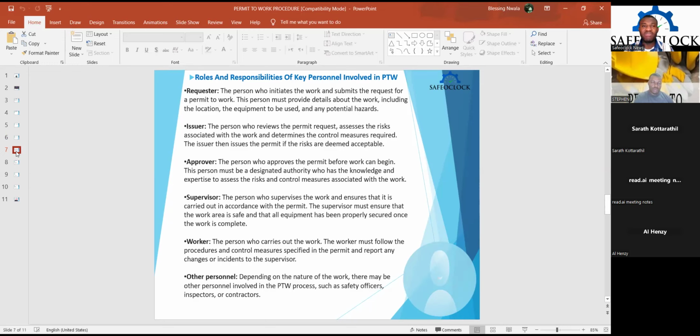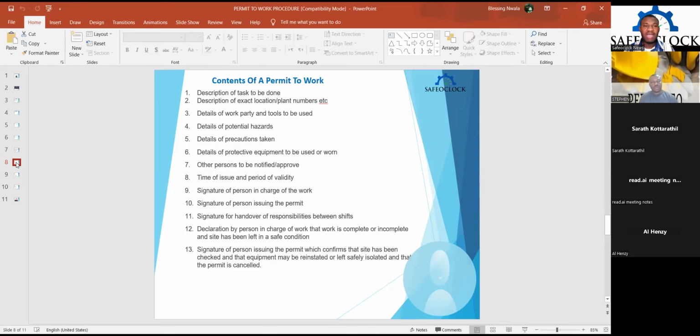If there are activities going on side by side where a permit to work is being issued, those people need to be adequately informed and carried along. Those are the other people that should be considered, not just the worker, the supervisor and the issuer, because some risks will extend to them, and they should be aware of the risk emanating from your activity as well.